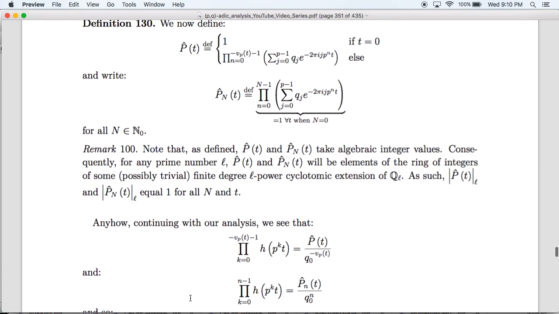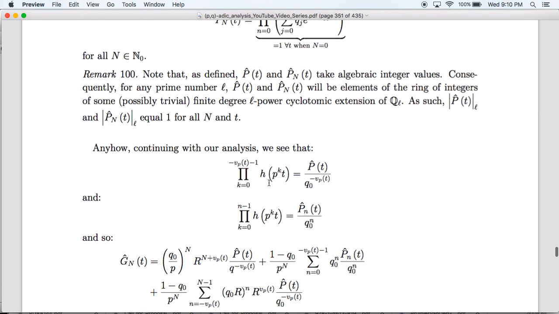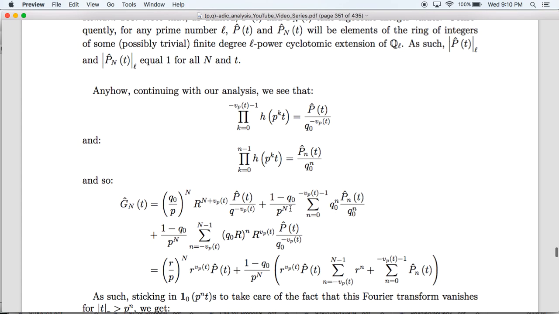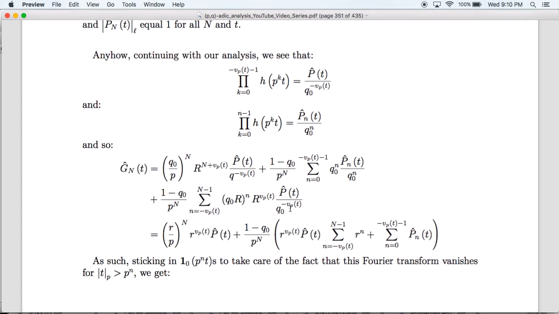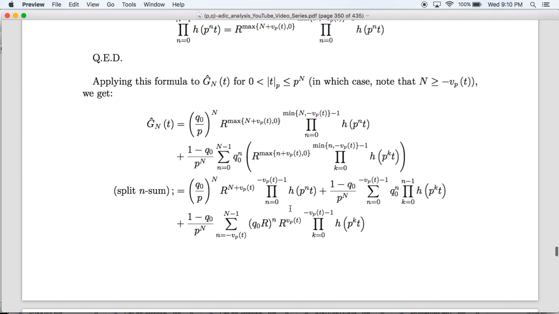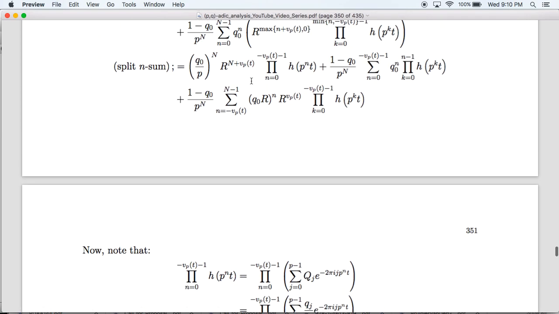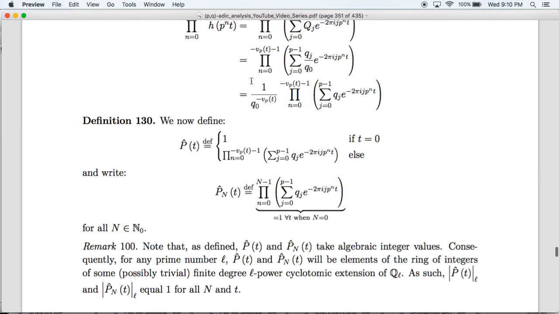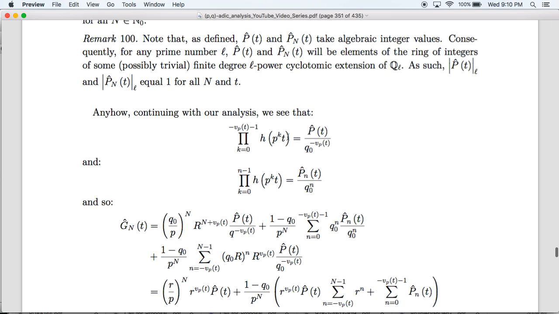So anyhow, if we continue with our analysis, we have this and this, and so we put all of the things together and rearrange it. Here what I'm doing is I'm just taking this horribly messy formula and replacing it with this slightly less messy formula by using these identities to replace stuff.